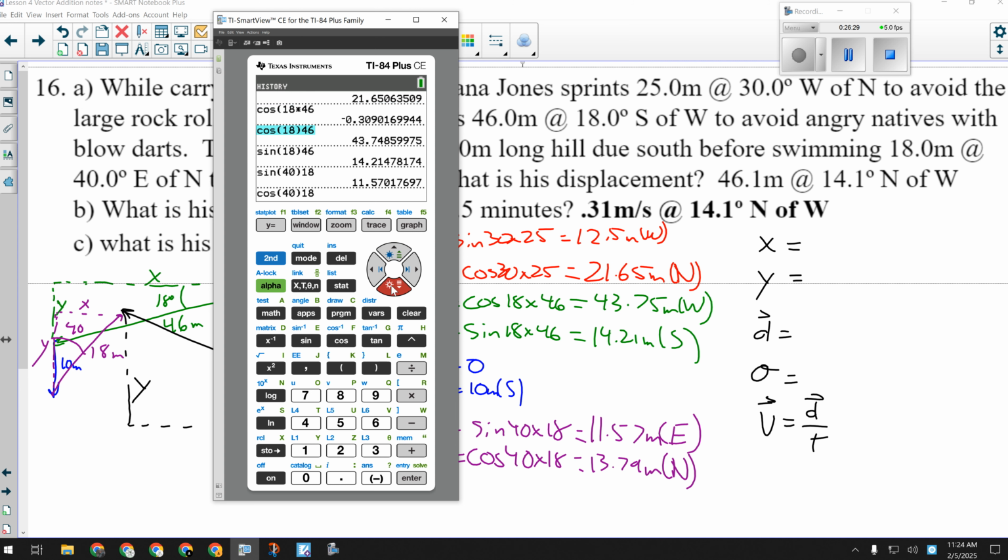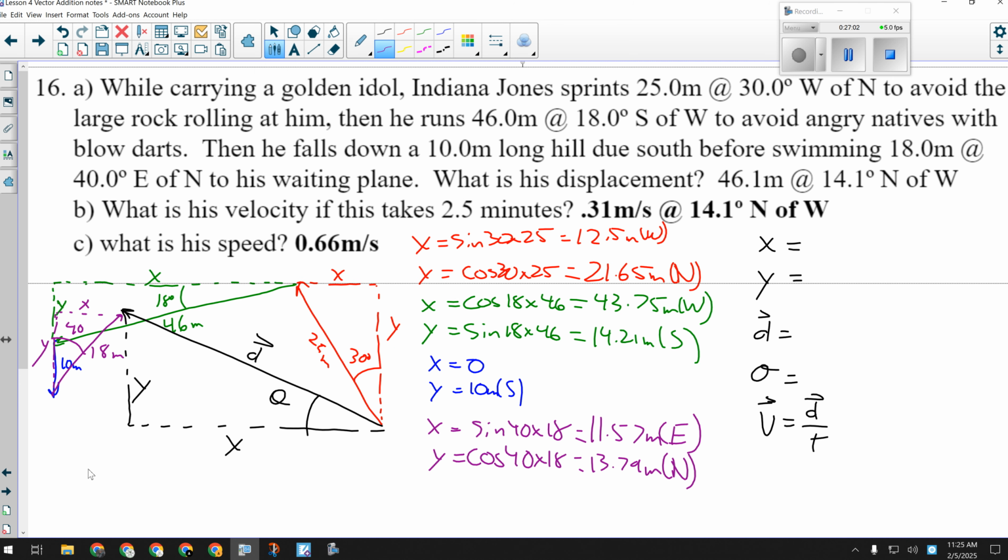So 43.75 plus 12.5, plus 0, minus the 11.57. All right, so our total x is going to be 44.68 meters west.